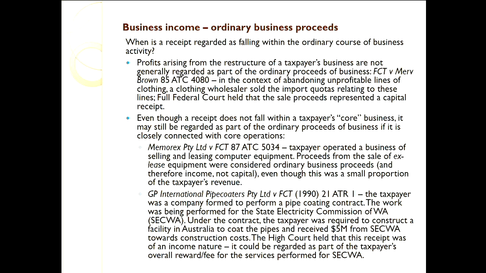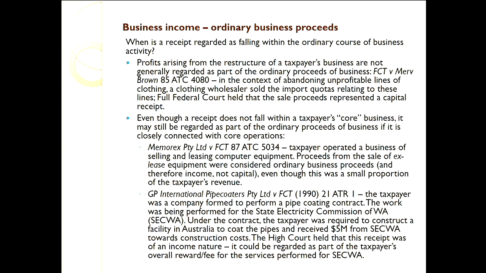What you had there was the taxpayer was the successful tenderer under a pipe coating project. And so it was successful in getting this contract from a government entity, right? And that government entity was the State Electricity Commission of Western Australia, right?